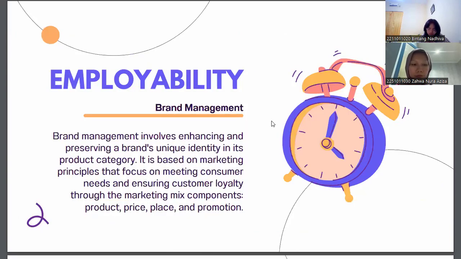Okay, so the next one is employability or brand image. Brand image involves enhancing and preserving a brand's unique identity in its product category. It is based on marketing principles that focus on meeting consumer needs and ensuring customer loyalty through the marketing mix components, which are product, price, place, and promotion.